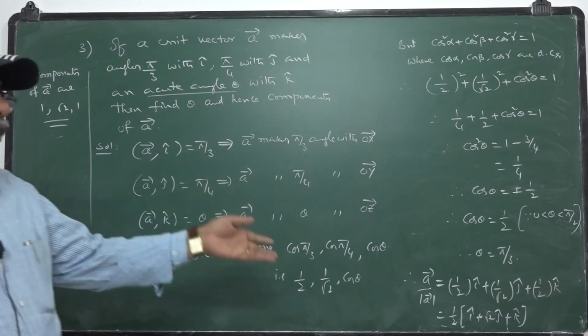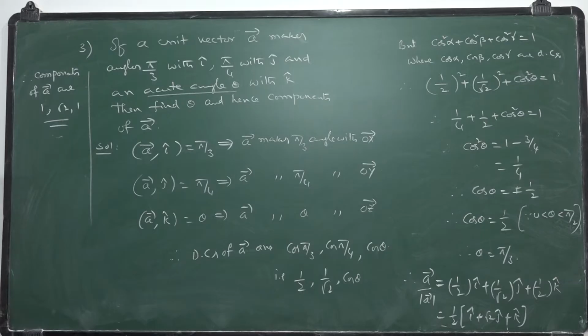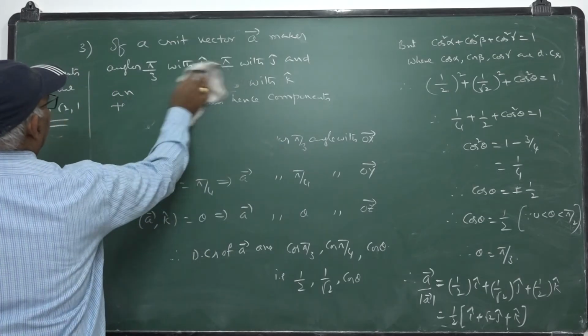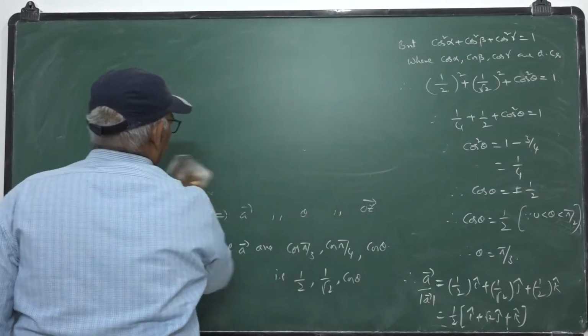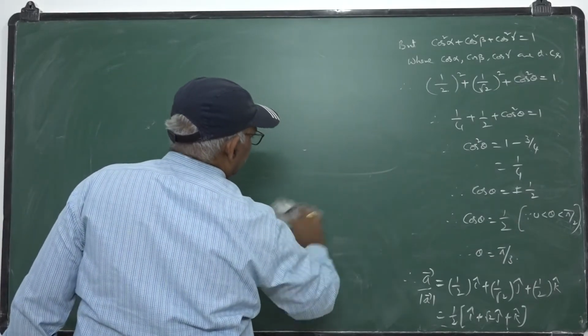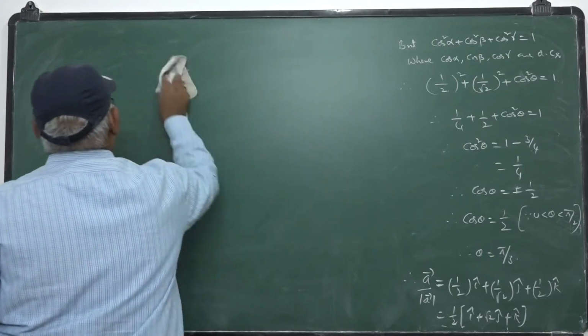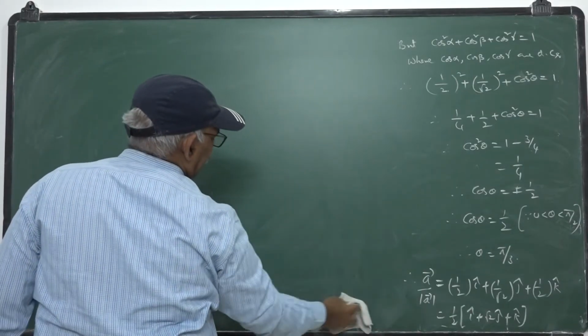Otherwise, you can take 1 by 2, 1 by root 2, 1 by 2 also. That is the unit vector in the direction of A bar. So A bar may be taken proportional to the direction ratios 1, root 2, 1. With the help of direction ratios, I am calculating the unit vector along A bar.